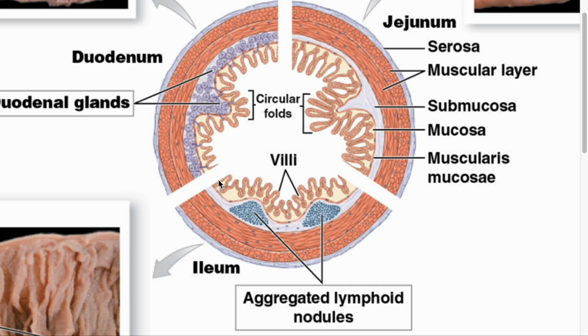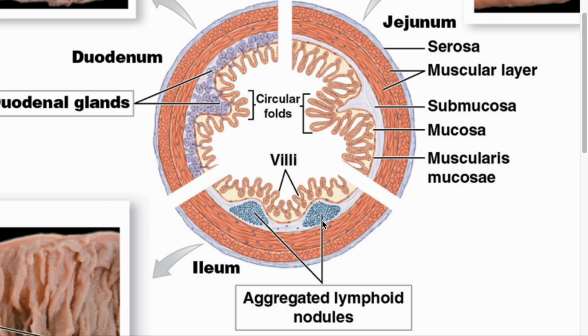We're going to see really well-developed villi in both the duodenum and the jejunum, but the villi start to get a little stubby and less interesting in the ileum, which would suggest that there's not as much absorption going on here. But in the ileum, we see Peyer's patches, which you might remember from the immune system.